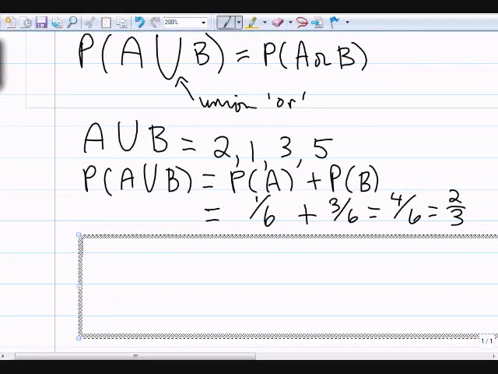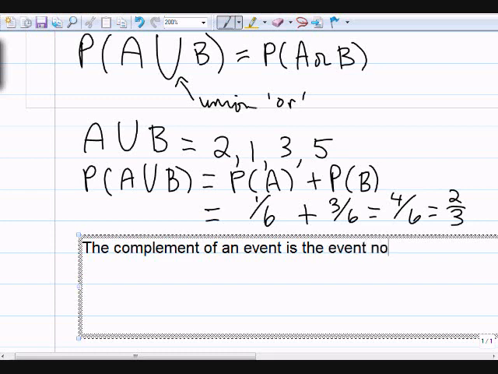And that'll be the complement rule. The complement of an event is the event not occurring. Okay?